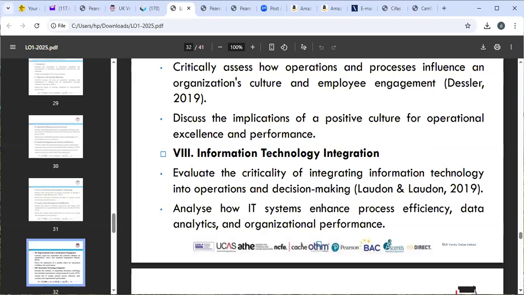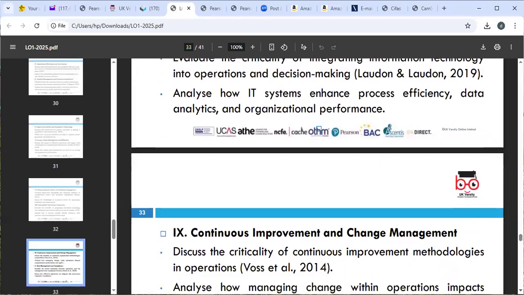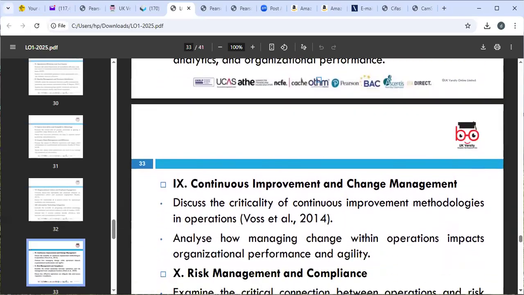Analyze how IT systems enhance proficiency, enhance process efficiency and data analysis. Okay. Then we can look at continuous improvement and change management.